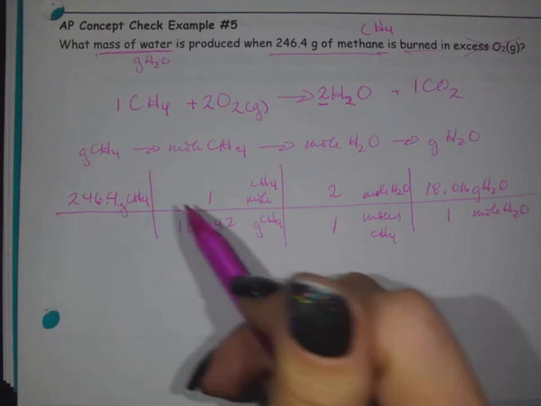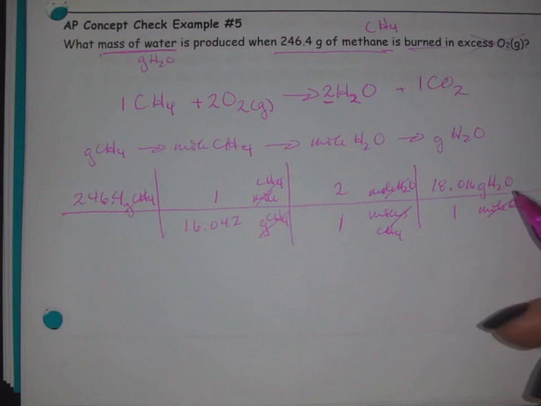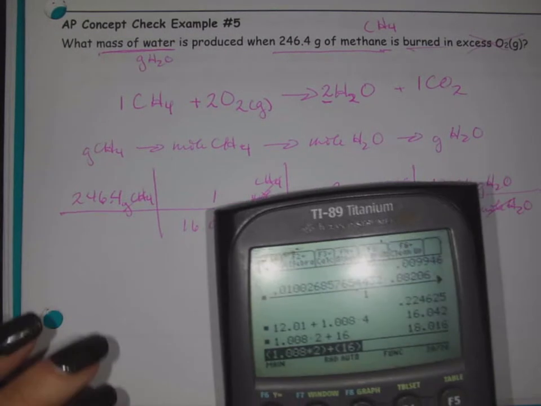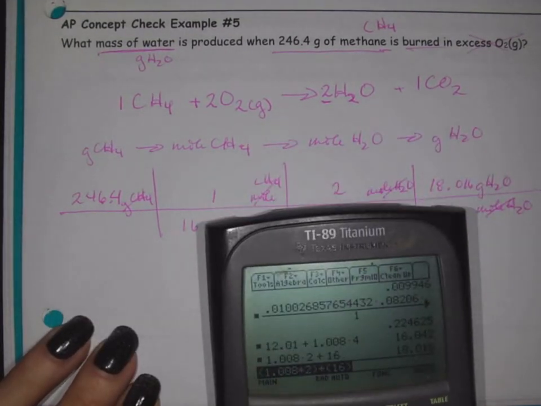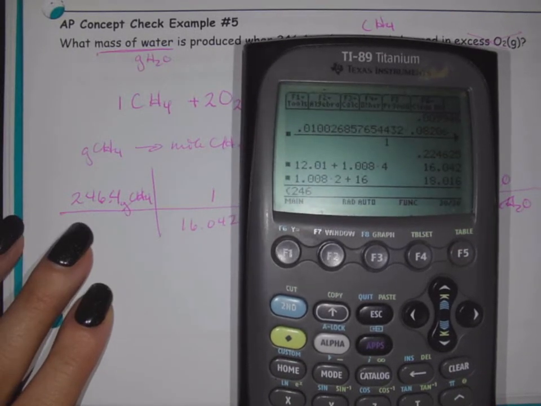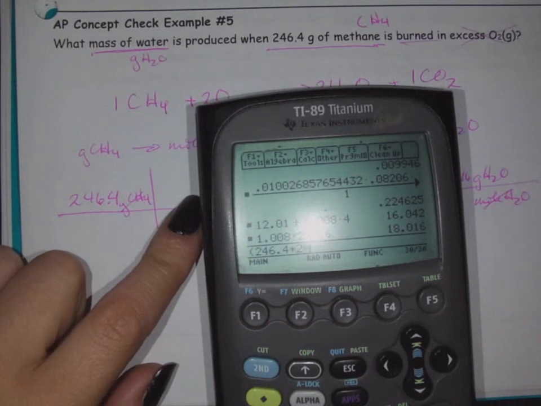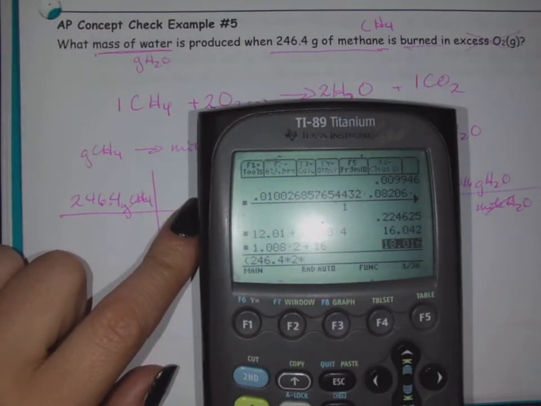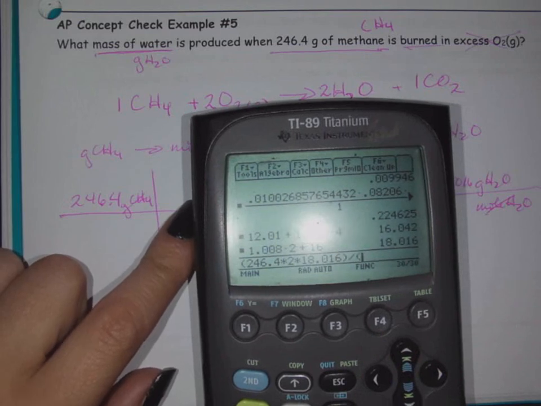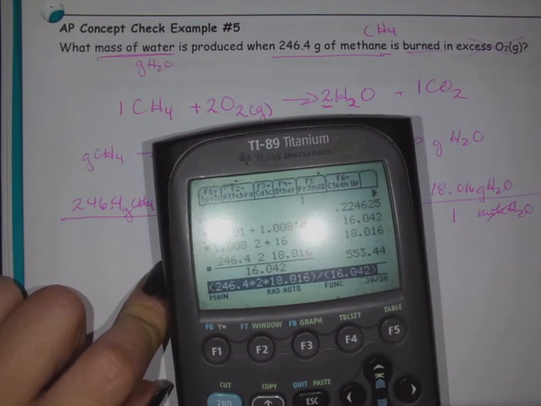We've worked with goalposts before. We know that this unit cancels when it's above and below, and we are left with grams of H2O. This is the top of the fraction, this is the bottom of the fraction, and I multiply it all together. So the top of my fraction: 246.4 times 1 times 2 times the 18.016, close that parentheses, that's what's on the top, divided by the bottom of the fraction, the 16.042 times 1 times 1, close that up.